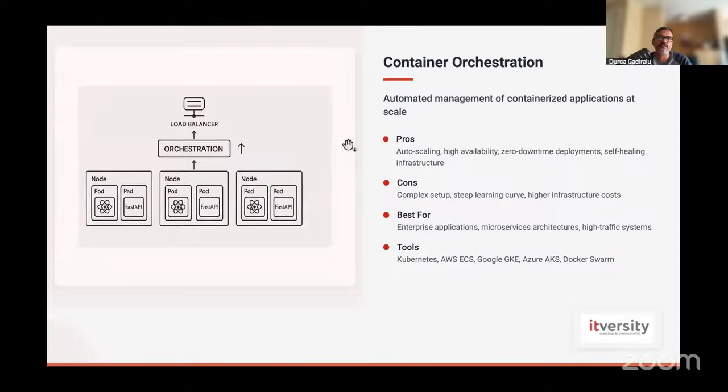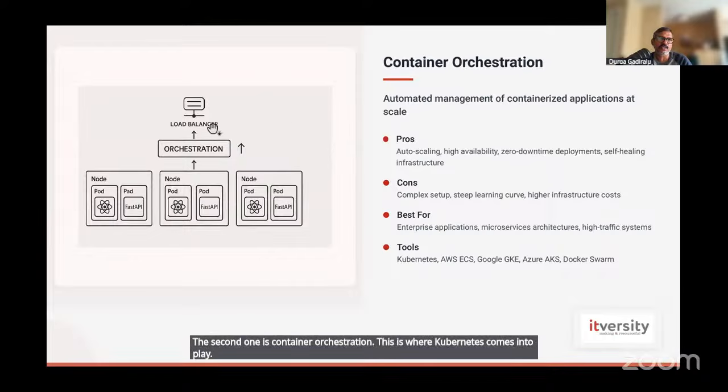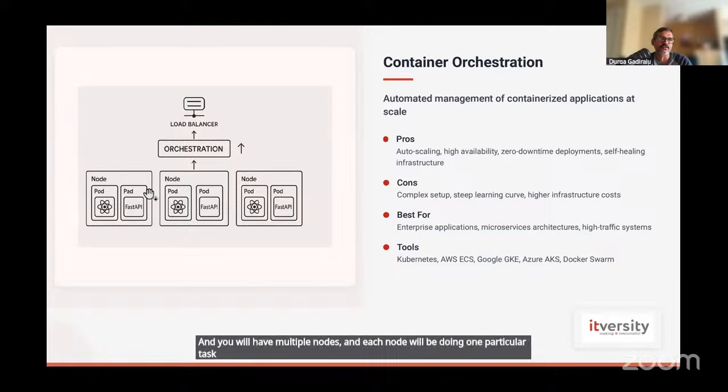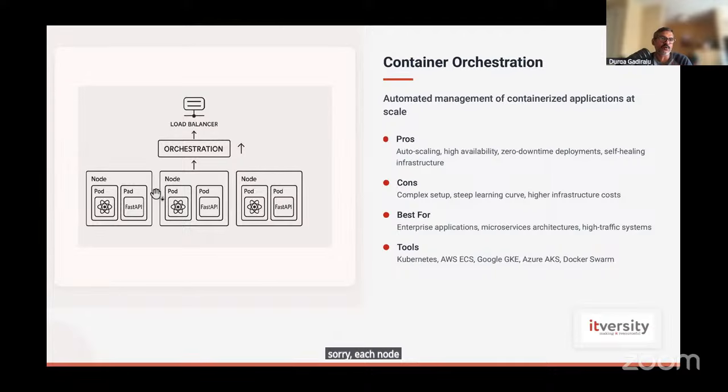The second one is container orchestration. This is where Kubernetes comes into play. You will have a load balancer and you will have an orchestrator, and you will have multiple nodes, and each node will be doing one particular task. Each node will have pods. Each pod will be doing one particular task. So in this case, the load balancer will act as Nginx.